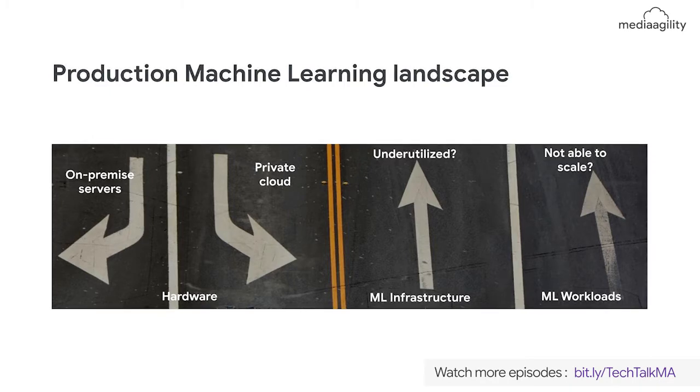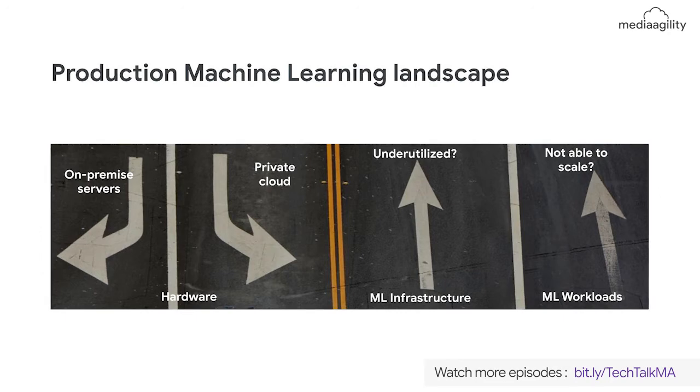So what happens when you go the traditional route and pre-provision some infrastructure for running machine learning either on premise or on cloud? One of two scenarios happens. Either your machine learning infrastructure is underutilized or you're not able to scale.